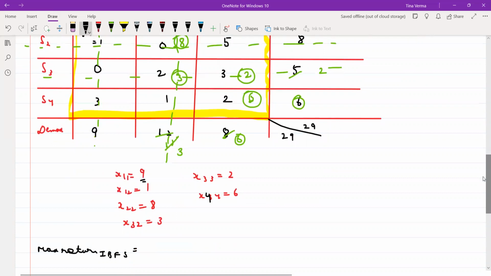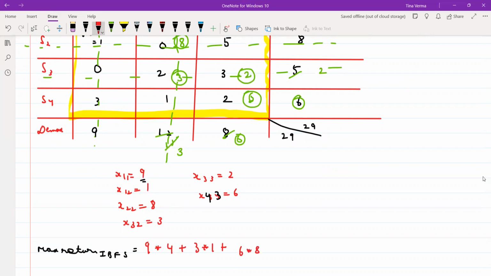x43. So this is 9 into 4 plus x12, that is your 3 into 1, plus x22, that is your 6 into 8, x32, that is your 4 into 3, plus x33, that is your 3 into 2, plus x43, that is your 6 into 4. So that will be your profit for the initial basic feasible solution. Is it clear?